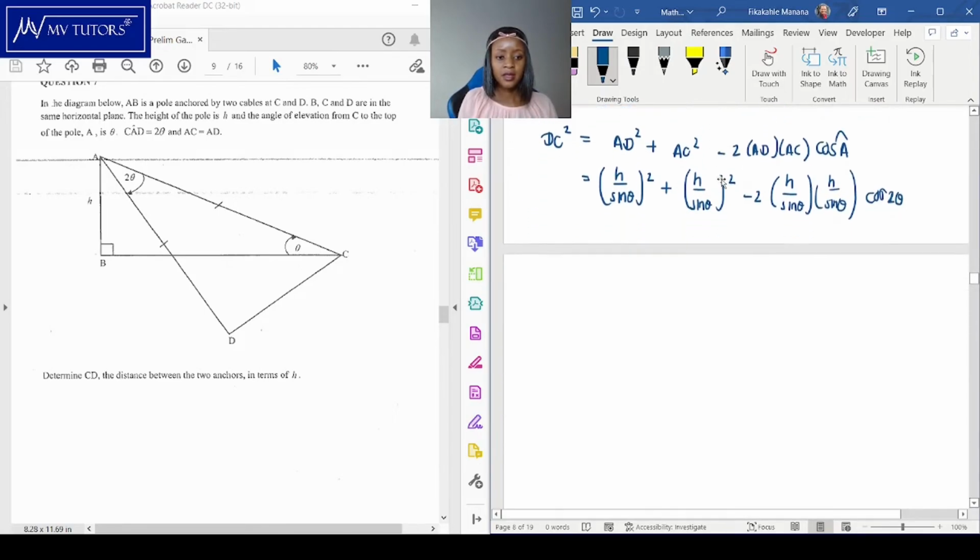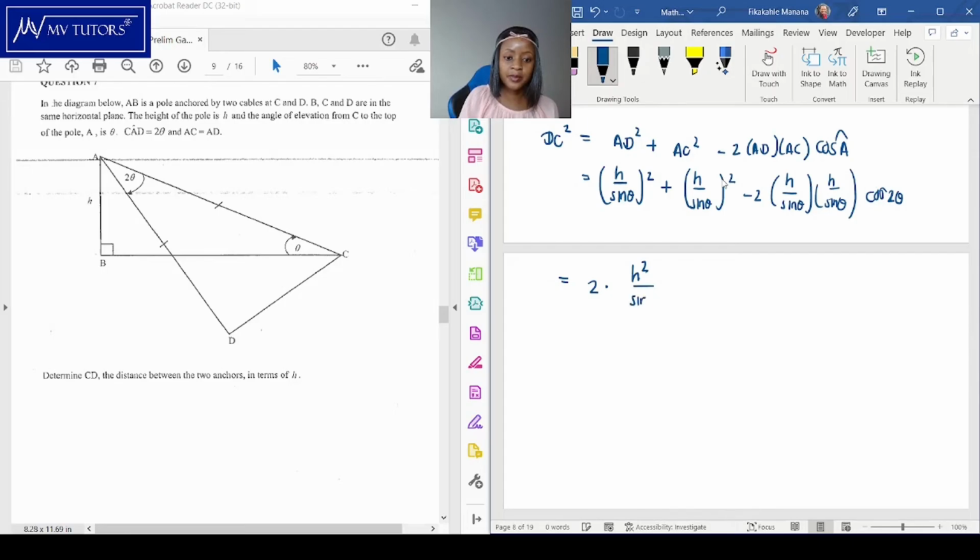Okay, so now we're going to be solving, guys. h squared over sine squared theta plus h squared over sine squared theta is 2h squared over sine squared theta. Then we have minus 2, again, h squared over sine squared theta times cos 2 theta. If I take out 2h squared over sine squared theta, I'll be left with 1 minus cos 2 theta.